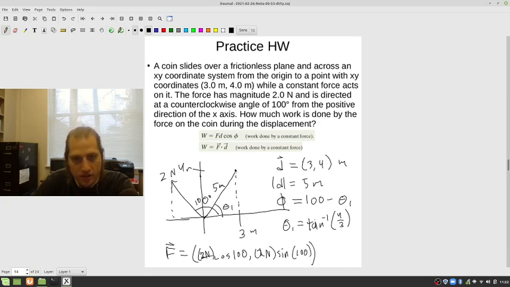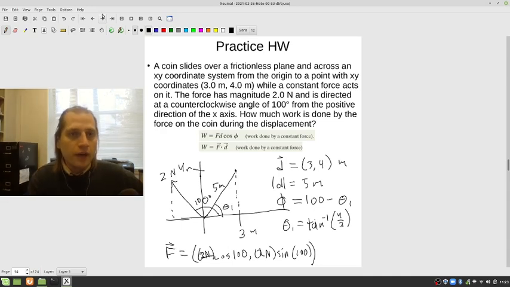Notice that this is going to be negative because it's pulling in the minus x direction. And if you took that dot product, you would take this times 3 plus this times 4. And would it have the right units? It would, because it would be newtons times meters. Newtons times meters gives you units of energy, which is joules.